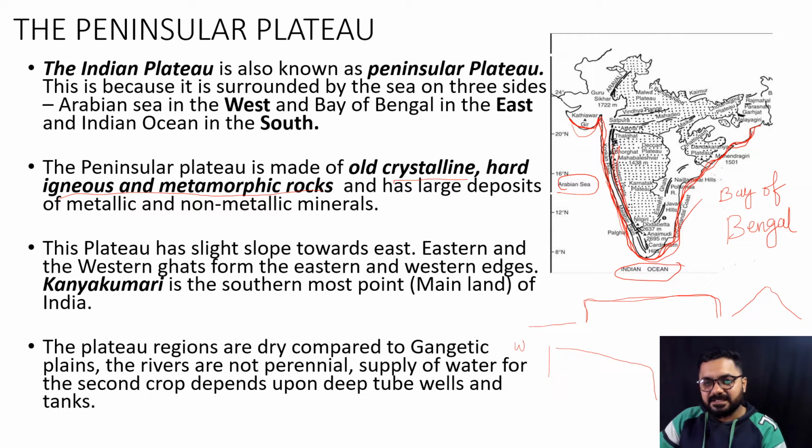This here is the Western Ghats on the western side, and these are the Eastern Ghats on the eastern side of the Peninsular Plateau. One thing you can observe is that the Western Ghats are continuous, whereas the Eastern Ghats are not continuous.